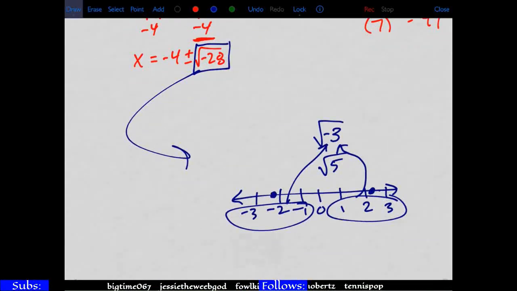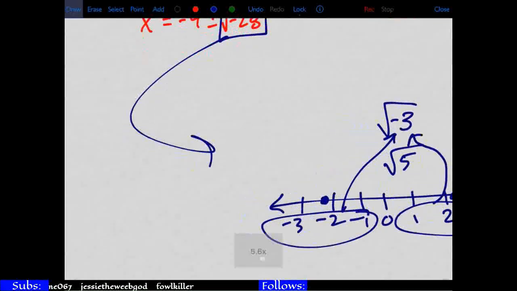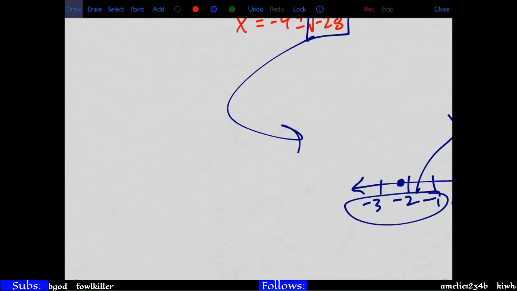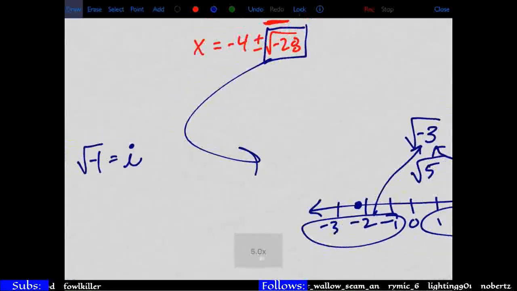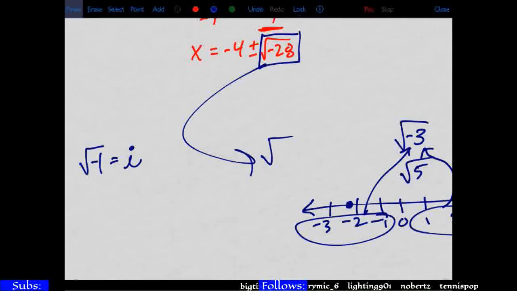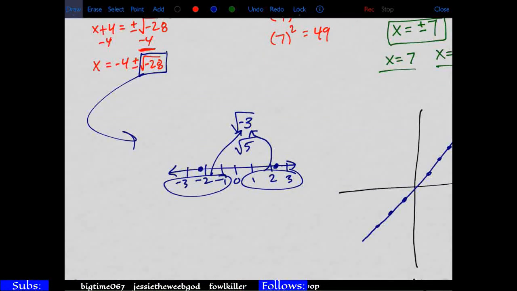So how do we represent them? Well, we're going to call the square root of negative 1 i. We're going to use i to represent the square root of negative 1. Which means if I have something like the square root of negative 28, I'm going to run out of room here. Let's move some of this stuff.